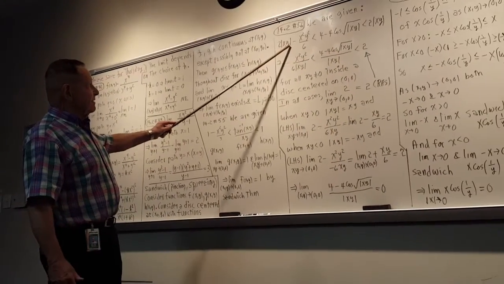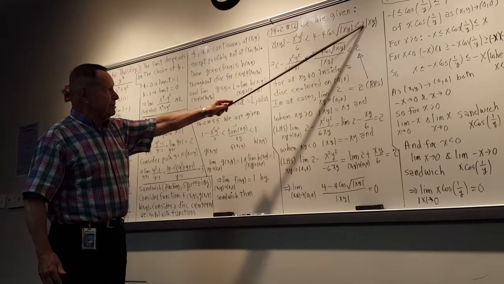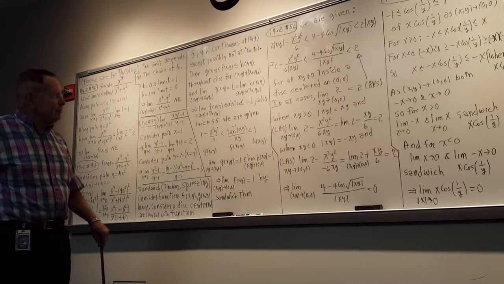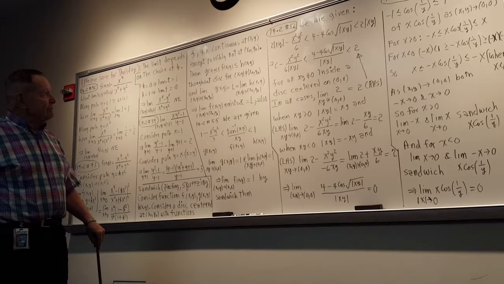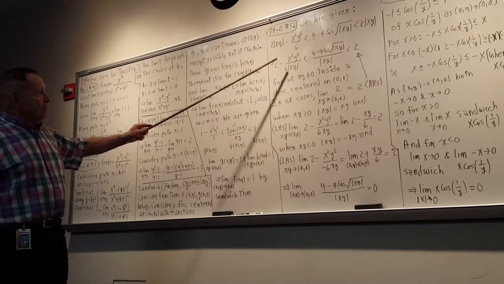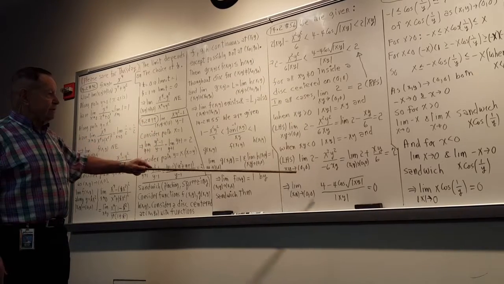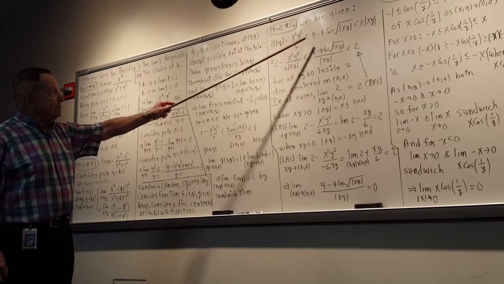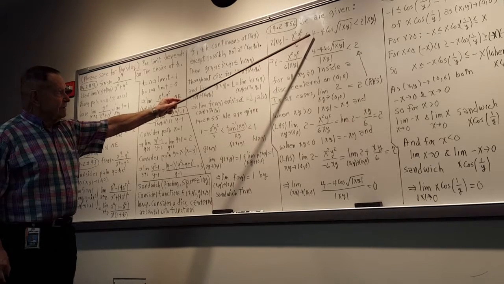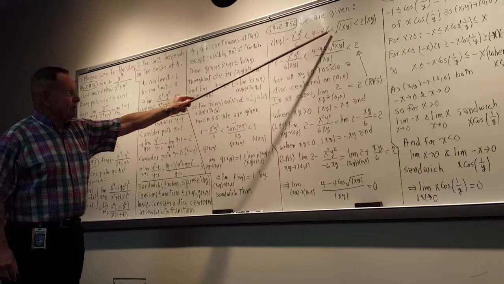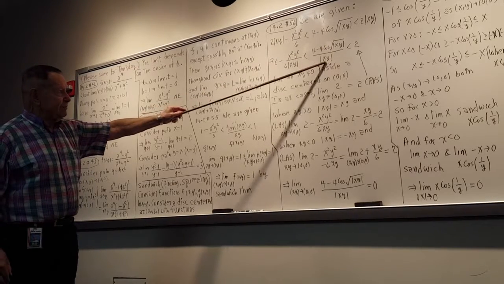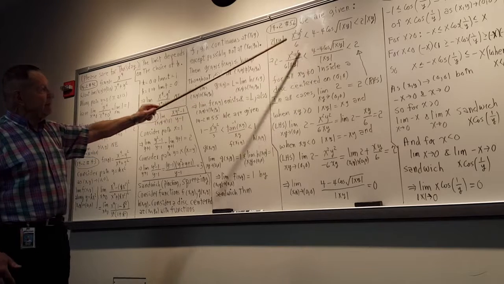So you're given this inequality, which again you aren't asked to prove, but are allowed to use. And what you're trying to do is prove a limit about 4 minus 4 cosine square root divided by the absolute value of xy.